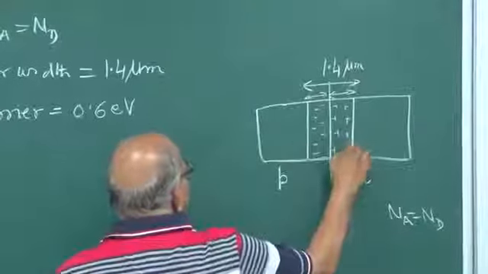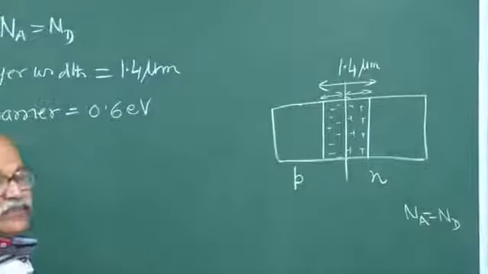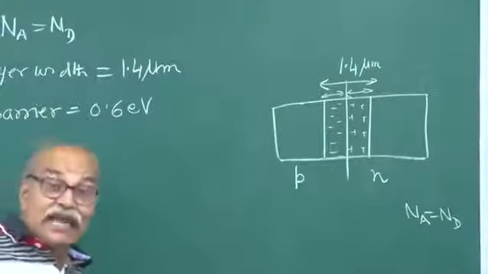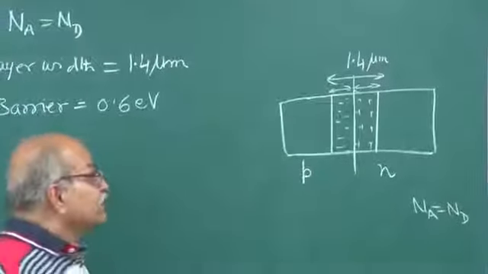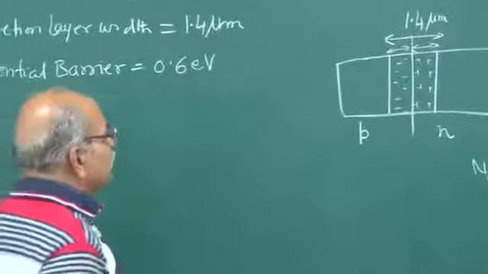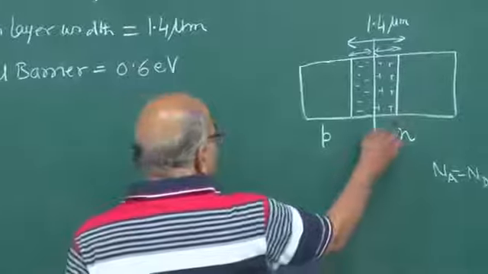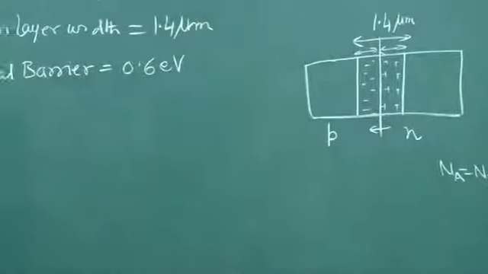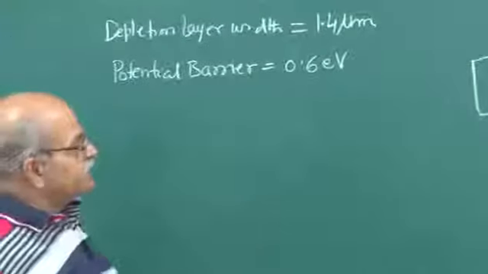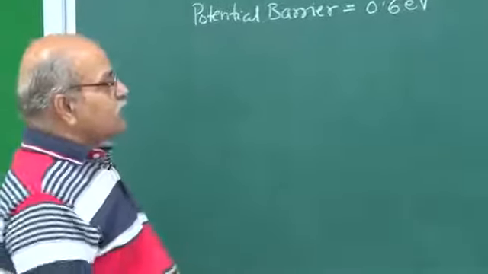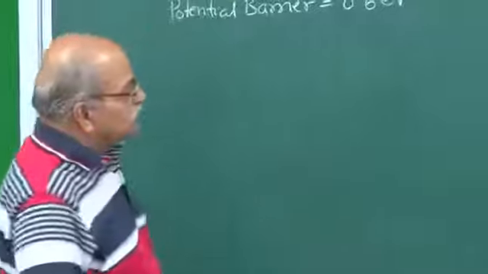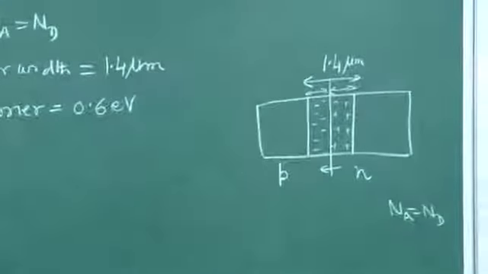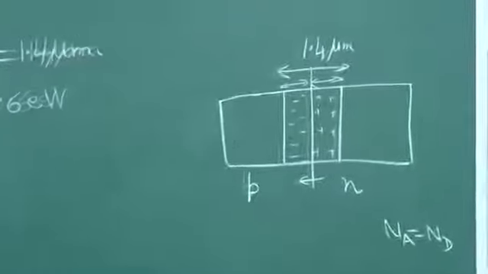So you will have charge density in the depletion layer, no charge carriers but charge density, and then you have electric field and potential difference, and the potential of this n side is raised as compared to the potential of this p side, and that barrier is 0.6 eV.